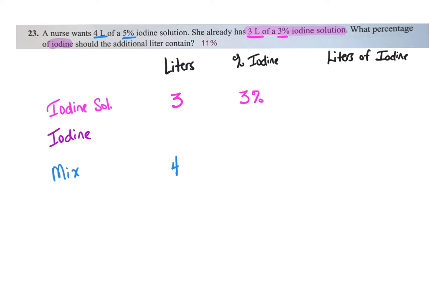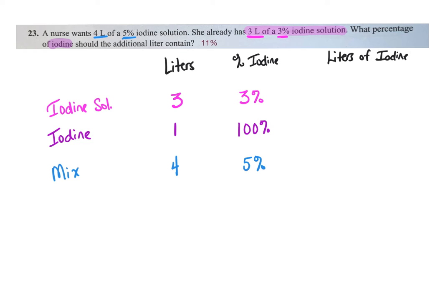And she wants it to be 5%. So we have that row as well, what she wants. So then how much iodine are we going to add if she has 3 liters and she wants 4? 1. So this is going to be 1. What percentage of iodine is iodine? 100%.